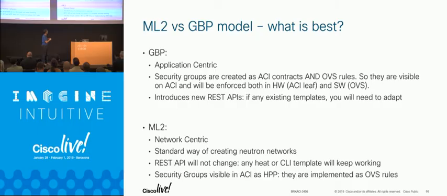And then maybe you can have other projects where you use the ML2 model, so you keep using the Neutron APIs as you were doing before. So in one single OpenStack cluster, you can use GBP for some projects and ML2 for other projects. What is the limitation? You cannot use both GBP networks and ML2 networks in the same project.